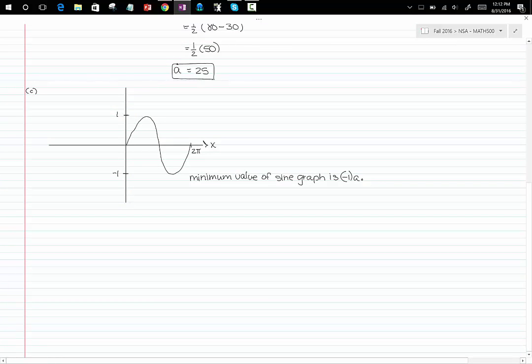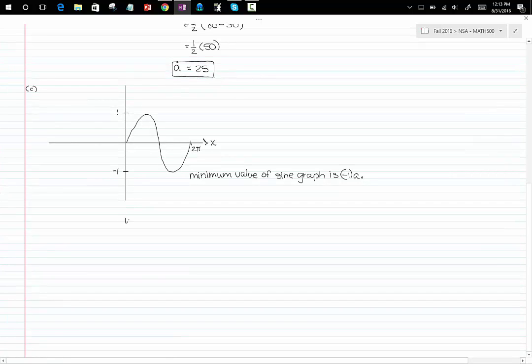So the minimum value of y is the minimum value of the sine plus d, which is equal to 30, which is the minimum value on our table. So we can write this as y min is equal to -a plus d, plugging in what we know. 30 is equal to -25 plus d, and we want to find d.